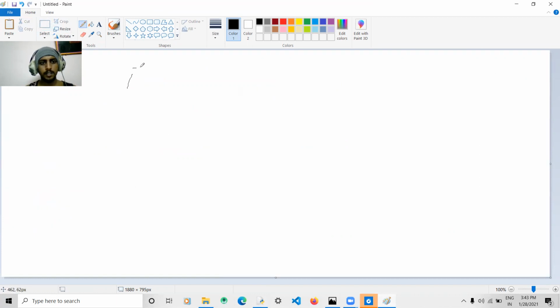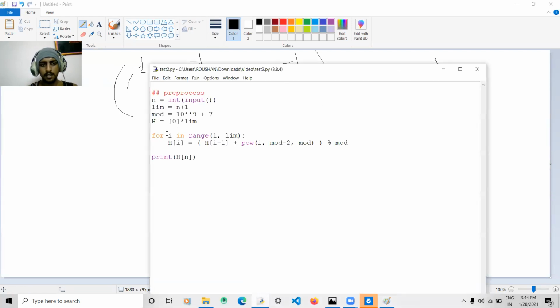What we're simply calculating is 1 inverse plus 2 inverse plus up to n inverse, taken mod 10 to the power 9 plus 7. And we are basically saving it in the array, which we don't need here.